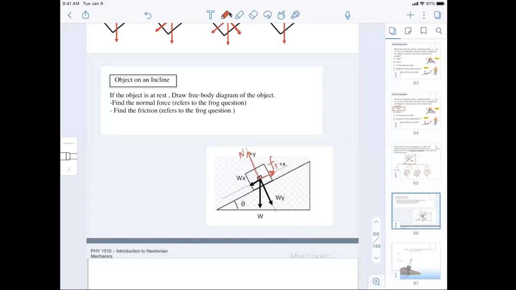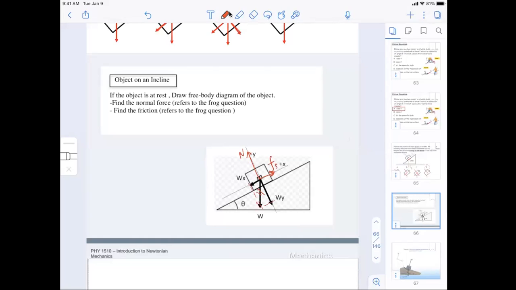In this case, you break the gravity down into X and Y components. Once you have done that, I recommend crossing out gravity or weight to show that you have already considered this force. Now it's being substituted by Wx and Wy, okay?